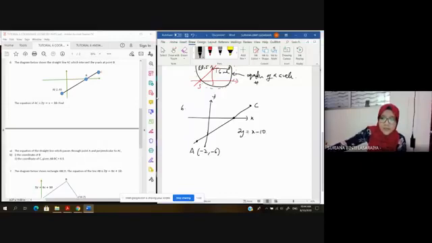Ataupun you can arrange in the form of y equals 1 over 2 x minus 5 kan. So you know that the gradient of AC adalah 1 over 2. Dia suruh kita cari satu line yang perpendicular this AC tapi dia pass through point A. Maksudnya equation ini yang kamu mau cari ni. 90 degree.